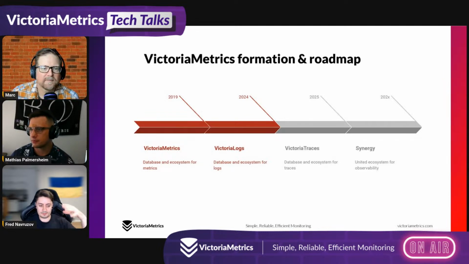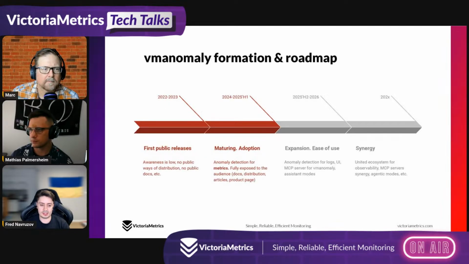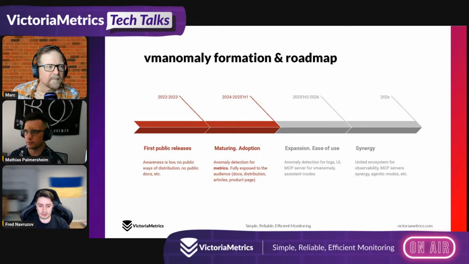Yeah, so it's a natural evolvement over time when it comes to VictoriaMetrics progress, and the same goes for vmanomaly. Personally, I joined the vmanomaly team, well, I'm quite old here, I believe it was the middle of 2023 or something. By the time we had vmanomaly available, it had its first public releases, but awareness was low.